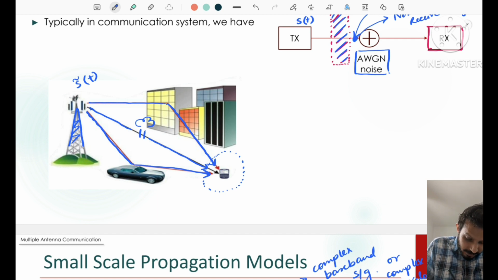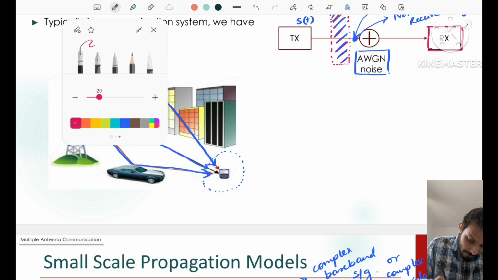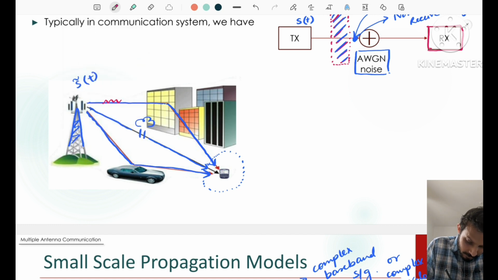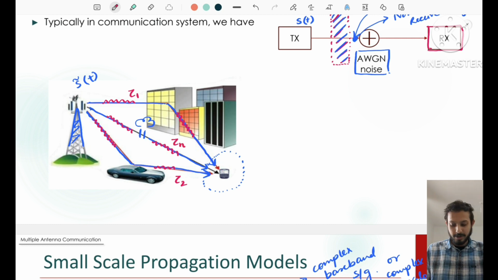It is possible that the signal through this path will have some propagation delay of tau 1. Let's say the signal from this path may have some propagation delay of tau 2. Or in general, we can say the signal arriving from the nth path will have a propagation delay of tau n.